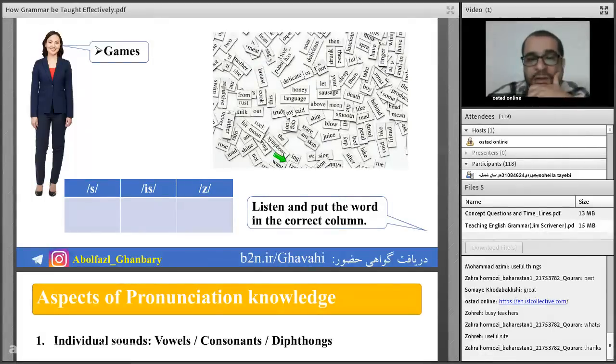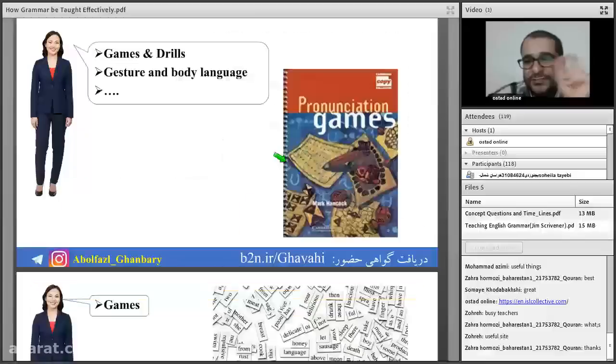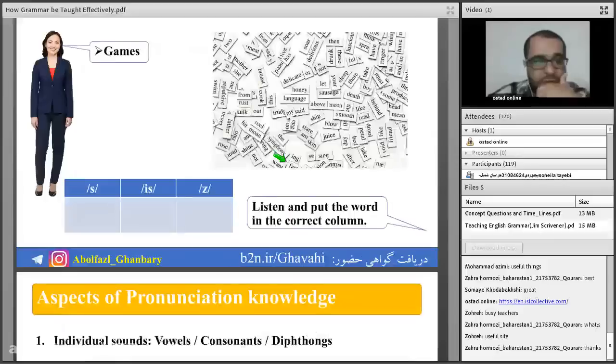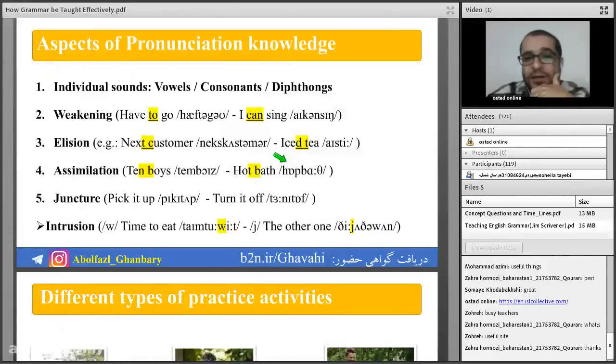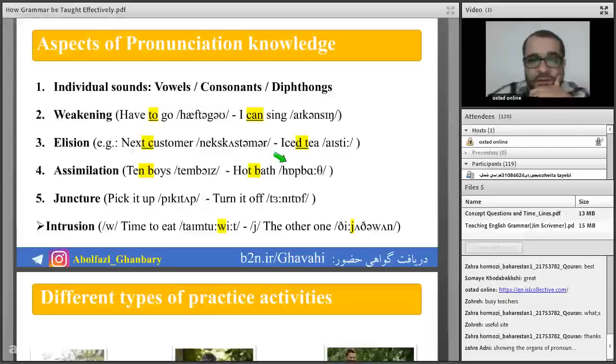You can write words on a piece of paper and ask the learners to put them in the appropriate column after listening to you. These are some games. Again, you can find a lot of games in this book, pronunciation games, for applying and presenting pronunciation in your class.